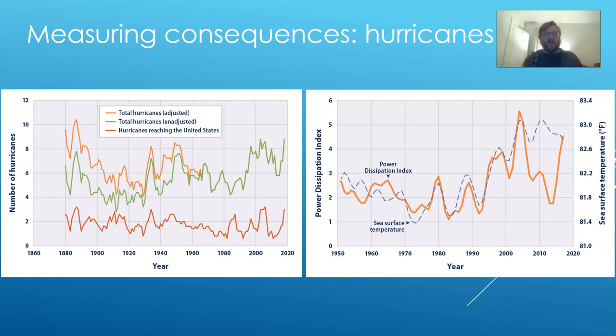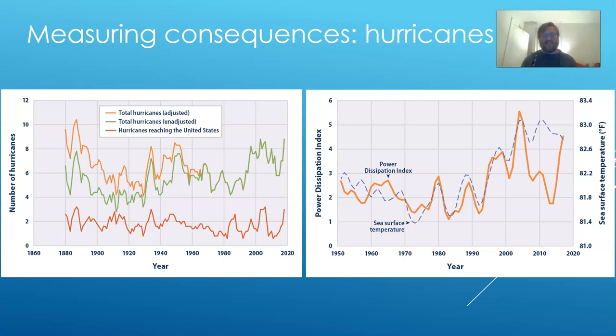Once we account for that gap in our data, once we account for the fact that that older data was missing some hurricanes. And another way to confirm that is if we look specifically at hurricanes that made landfall in the United States. Right? So there, we're looking at hurricanes just in one specific place where we know that every hurricane that hits the United States, somebody's gonna notice it, right?